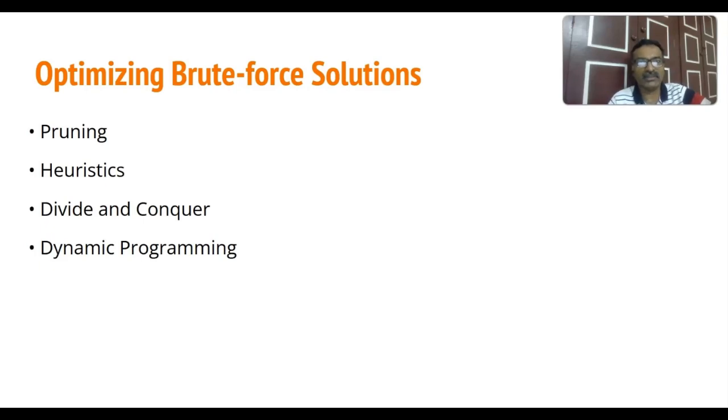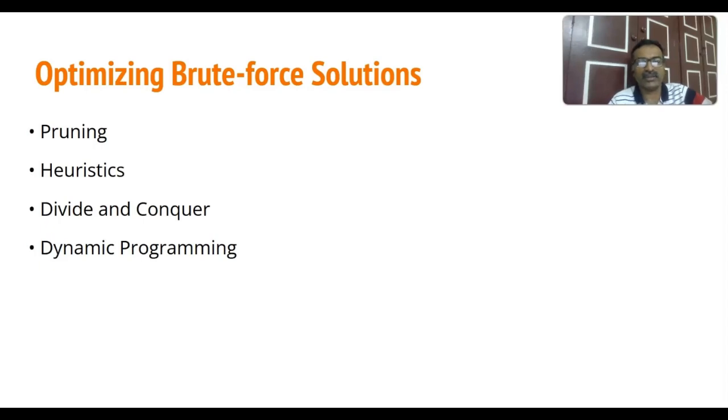Then heuristics, based on your experience and maybe the previous data values. You can arrive at some conclusions of what the possibilities are. So that is heuristics. Then there can be divide and conquer. Obviously, if the solution space is a very large space, we have to go for divide and conquer.